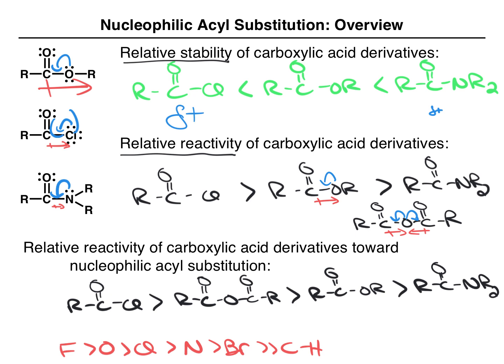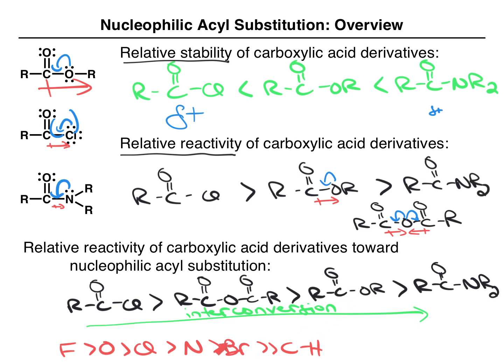And finally, as we consider nucleophilic acyl substitution as a way to interconvert between the different carboxylic acid derivatives, we need to keep in mind that interconversion works in this direction. Because acid chlorides are the most reactive, they can be converted to an ester, for example.